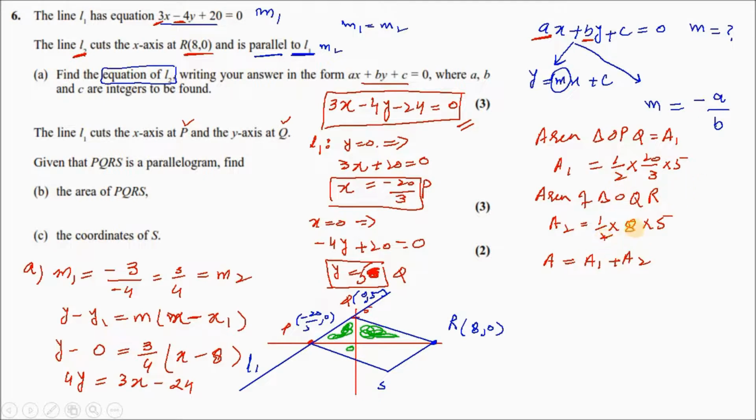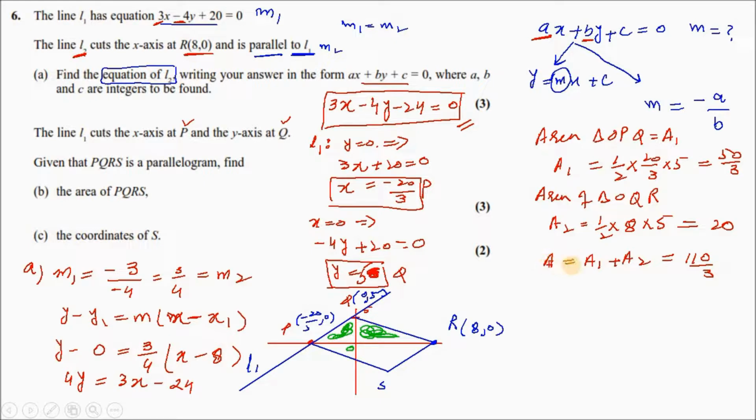If you add these two, your answer will be equal to, this is 2, 4, 5. So this is 20, and this is 50/3. So the sum of these two would be 60. So 50/3 plus 60, so 110/3.